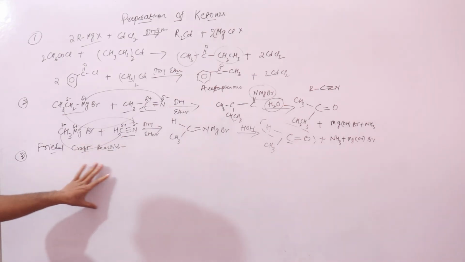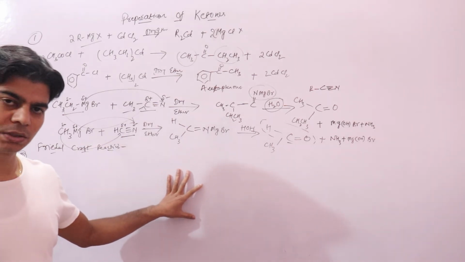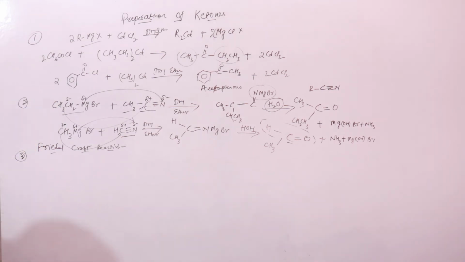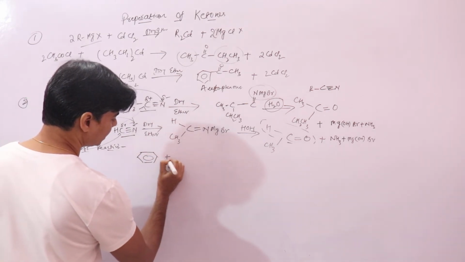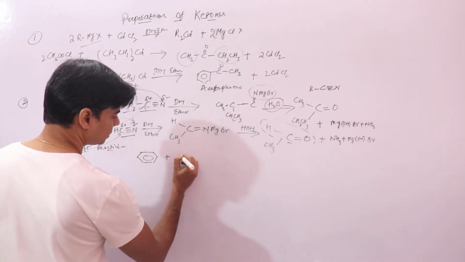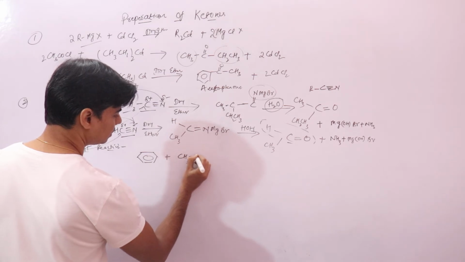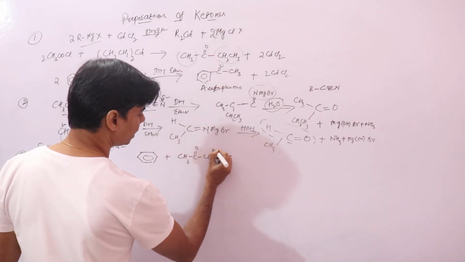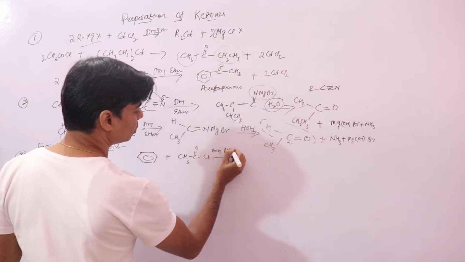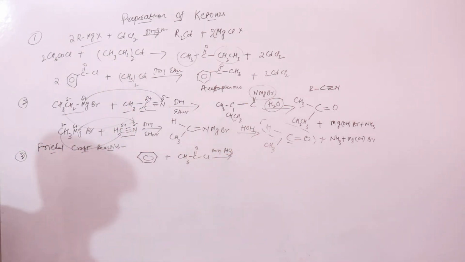So we'll be taking one benzene compound, reacted with an acid chloride in presence of anhydrous aluminium chloride. We take this benzene, treat it with, say, CH3COCl in presence of anhydrous aluminium chloride, right?